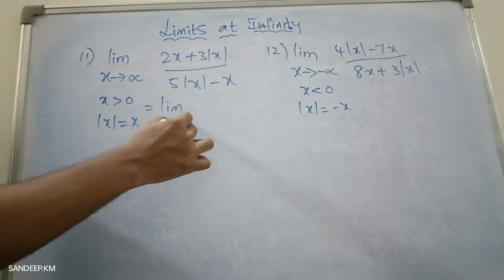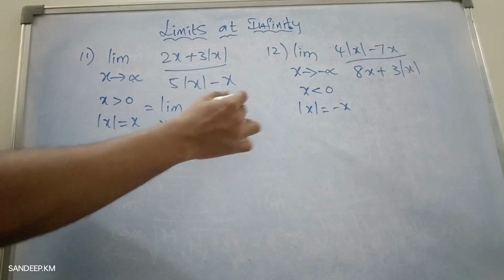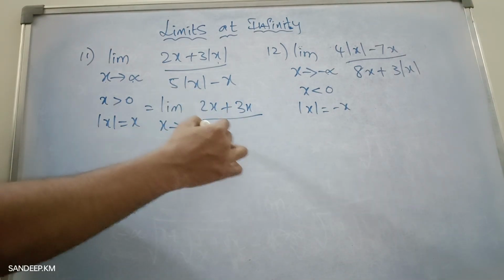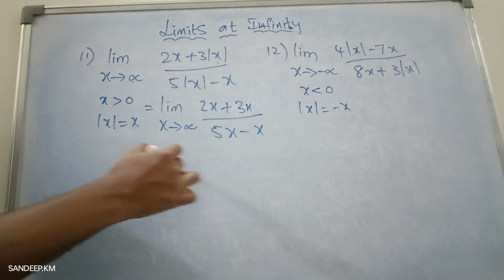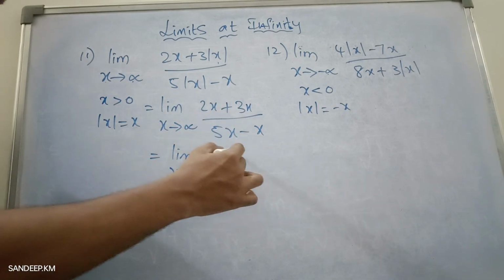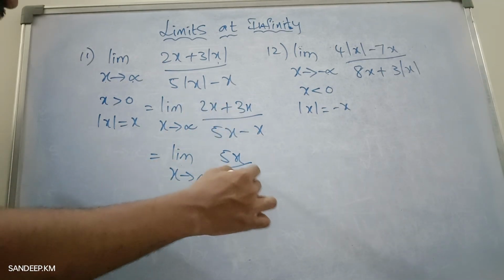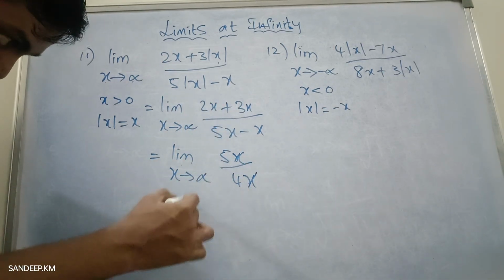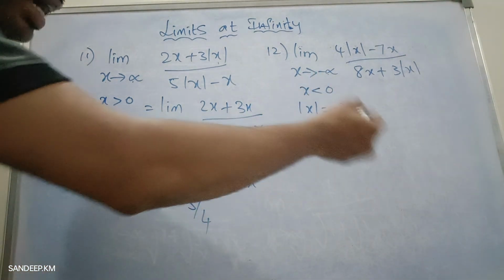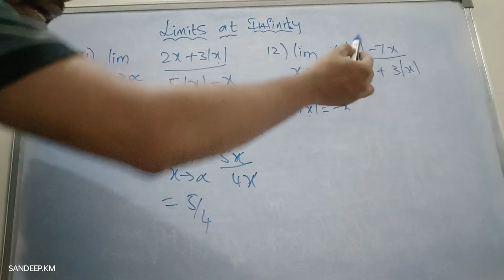Anyhow, now the question becomes very simple. Limit x approaches infinity, 2x plus mod x is taken as x, so 3x divided by 5x minus x. So limit x approaches infinity, 2x plus x is 3x, divided by 4x, x and x get cancelled. The answer is 5 by 4. Okay, and in this case we are going to take mod x as minus x.